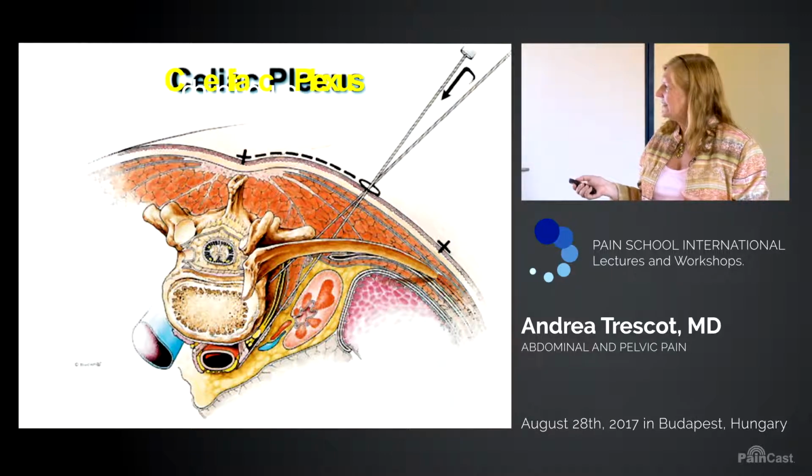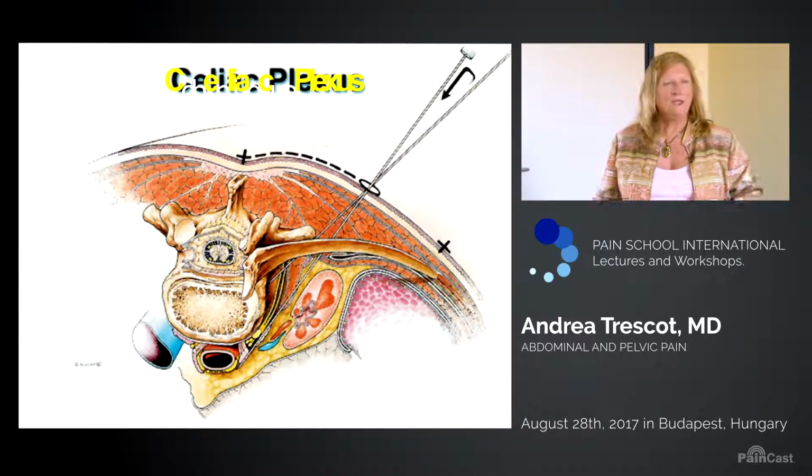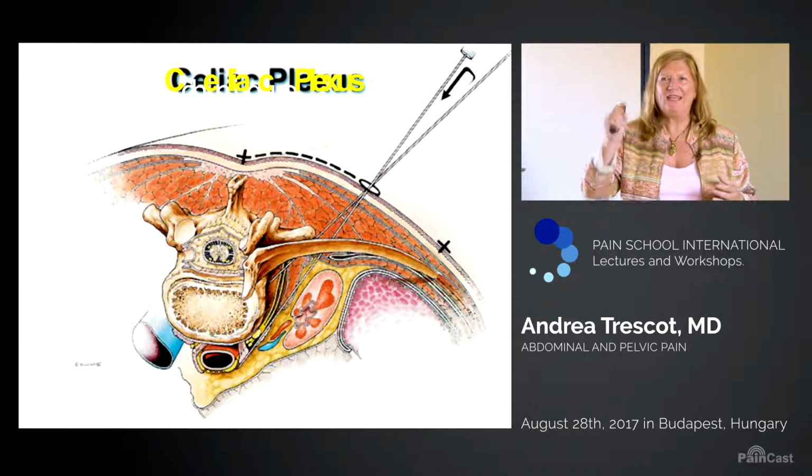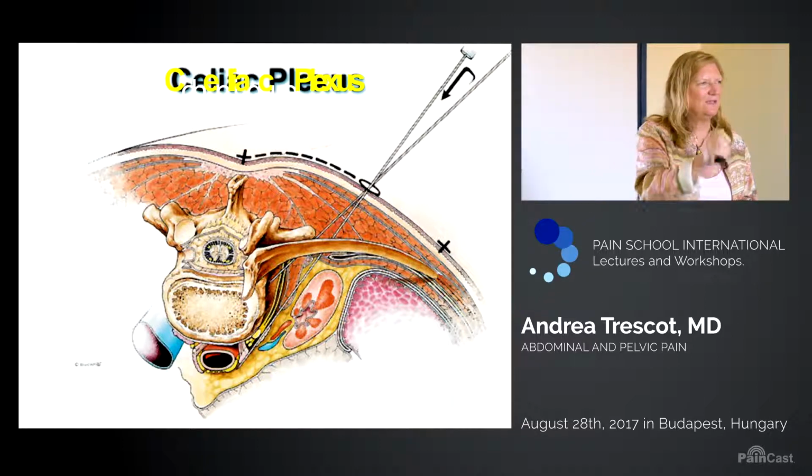The celiac plexus is done just a little bit differently. The old technique was to come onto the vertebral body and then walk anteriorly. And the problem with that is that you're hitting on the periosteum, da-dun, da-dun, da-dun.